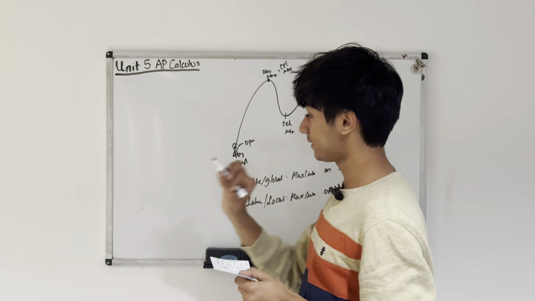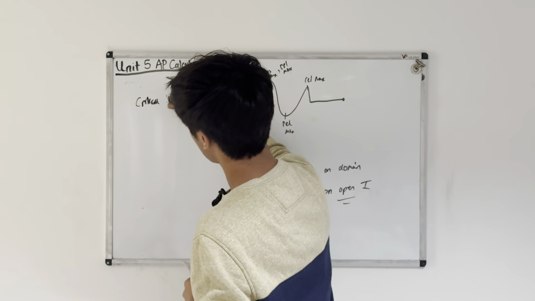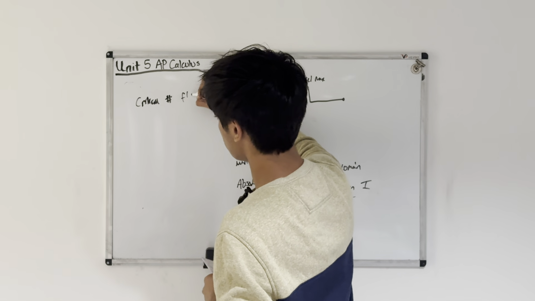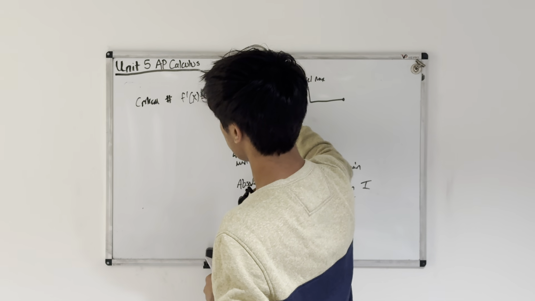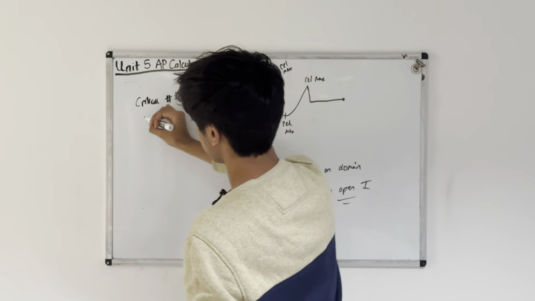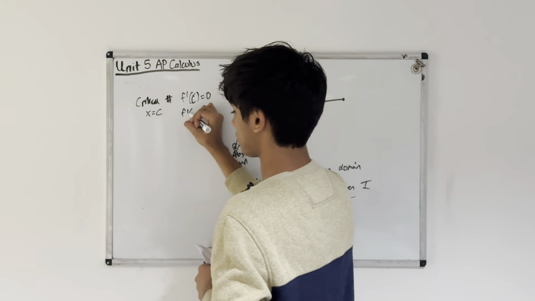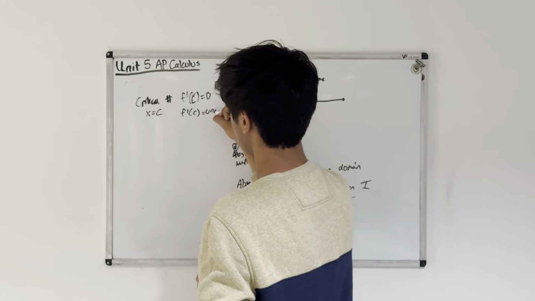And a main important idea to realize is that critical numbers, which are numbers such that f prime of x is equal to 0, so f prime of c at c. So a critical number is that x equals c, f prime of c equals 0, or f prime of c is undefined.